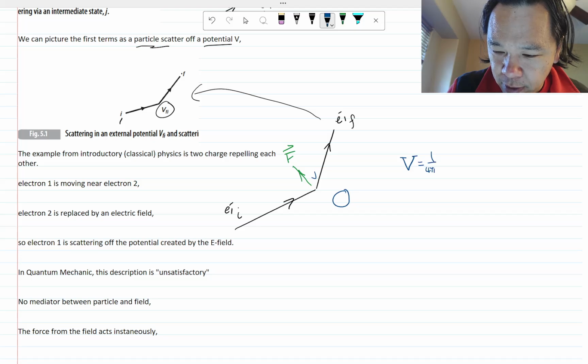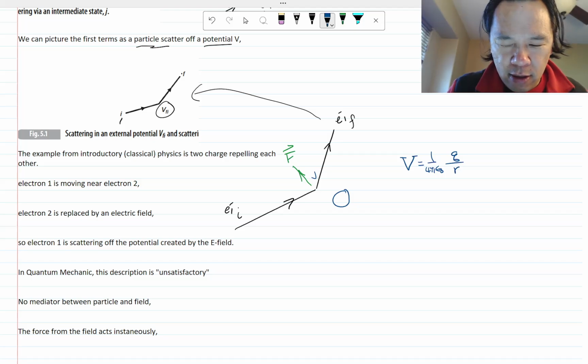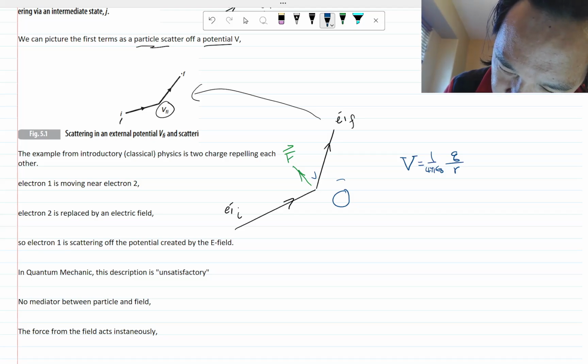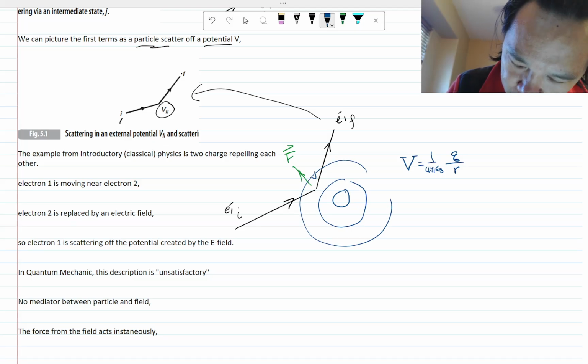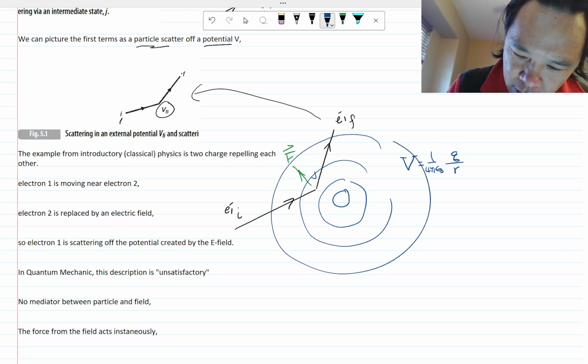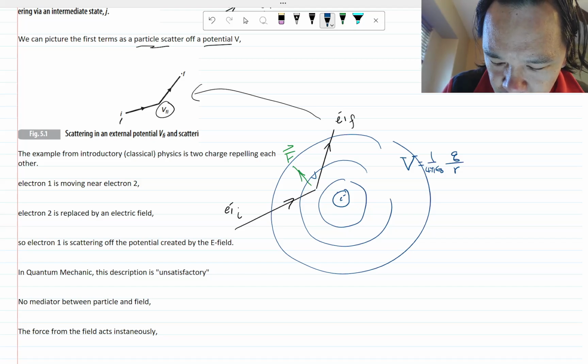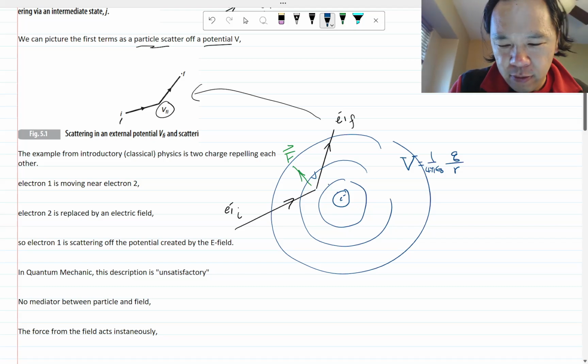It's like 1 over 4 pi epsilon naught, the charge divided by r, I think. Don't quote me on this. This electric potential is like equal value contours centered around that charge, where this is some potential, negative 10 volts, negative 5 volts, negative 1, and so on.